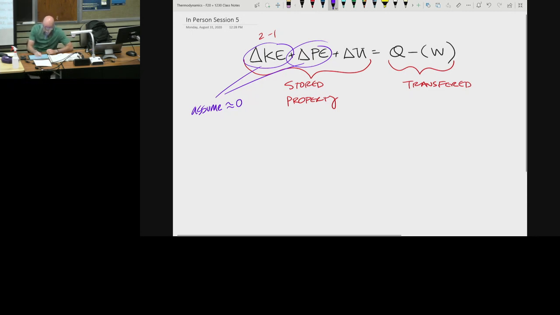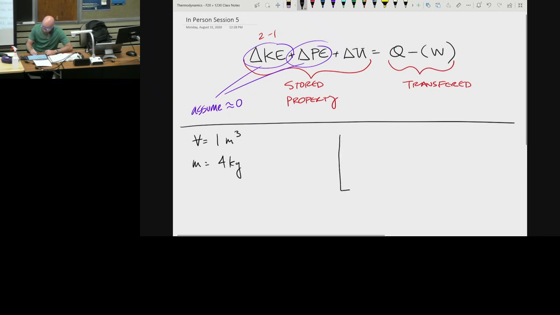All right, so let's write down what we know. We know that the volume of the tank is equal to 1 meter cubed. We know the mass is equal to 4 kilograms. And if we draw a picture of this, we're going to draw a rigid tank. So it's not a piston cylinder, it's a rigid tank, closed system.